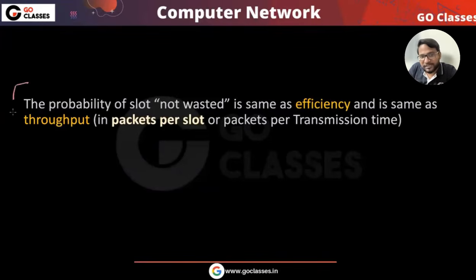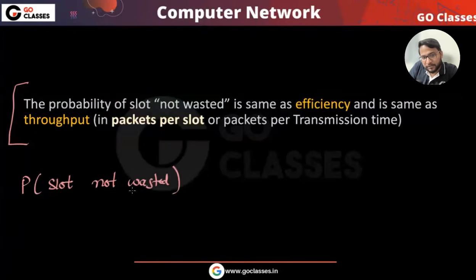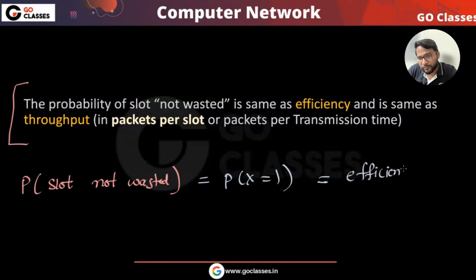So we are saying that the probability of a slot not wasted is same as exactly one station transmitting, is same as efficiency, is same as throughput.